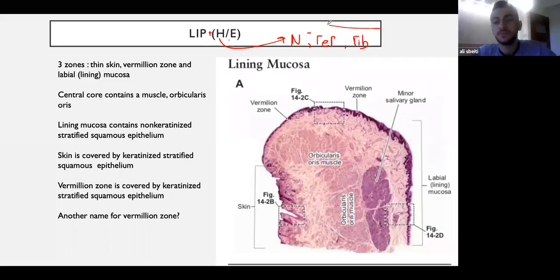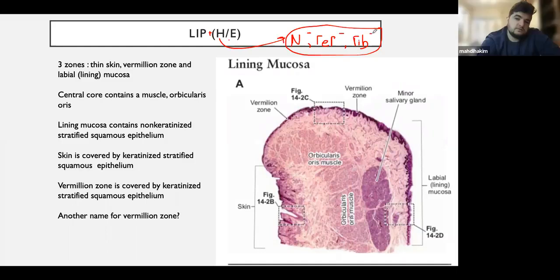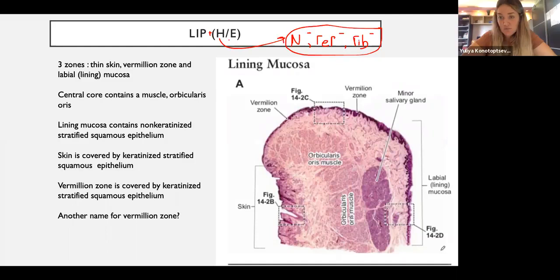What do these three organelles have in common? Protein synthesis. Very good. They're responsible for protein synthesis. So as a result, a cell which is actively secreting, actively making proteins, is going to be basophilic.